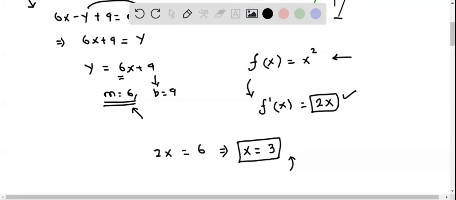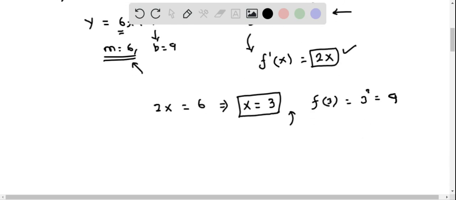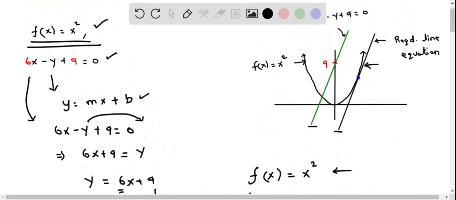And so when we do that, we get f of 3, and this equals 3 squared, which equals 9. So therefore we see that the coordinate, that is x comma y, which is 3 comma 9, is the point of contact of the graph of f of x as well as the line, which is tangent to the graph of f of x equal to x squared.